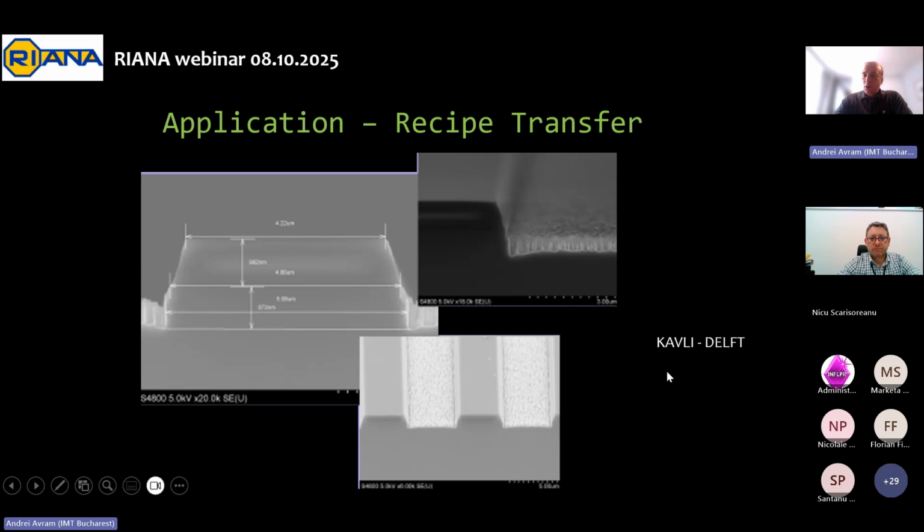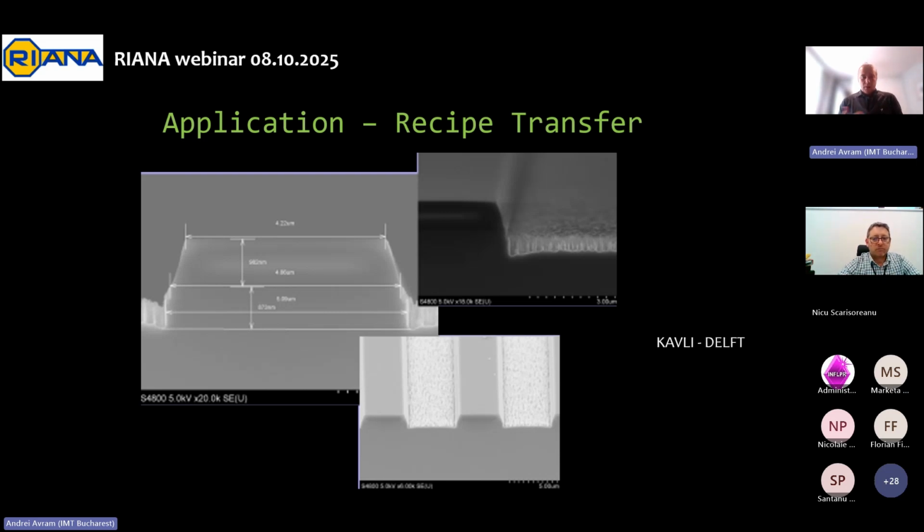But this is another result from Delft with a similar system, and they got a totally different result. And what we found in this case is that the results that you get when you actually run plasma processes are highly dependent on the history of the system and on different setups of the system.